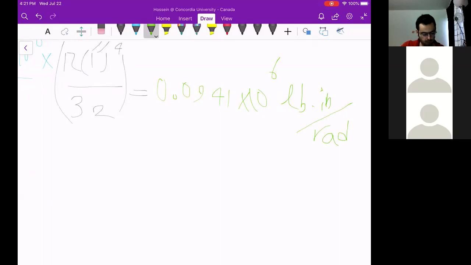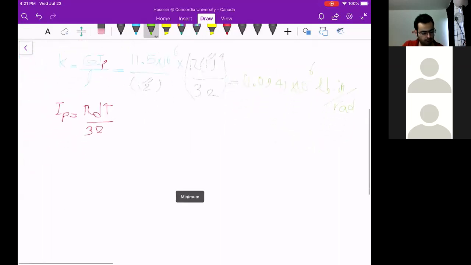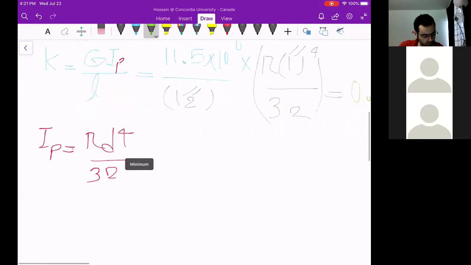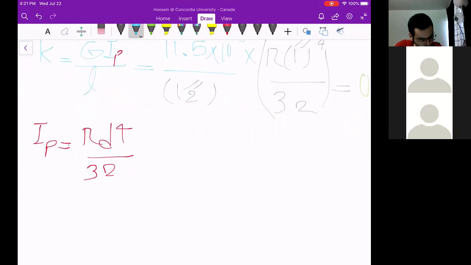So similarly, you could easily find the left spring and the right spring. The right torsional spring can similarly be obtained as 11.5 times 10 to the power 6.